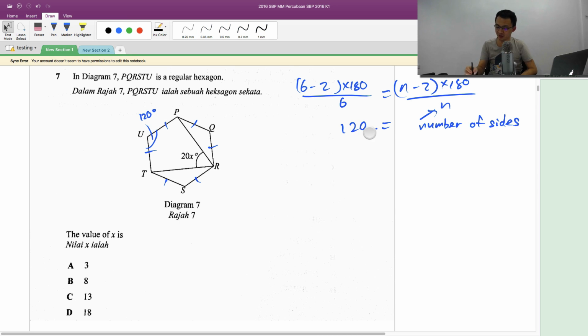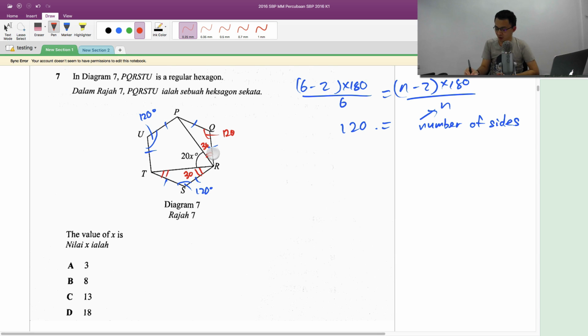Since this is a regular hexagon, all the sides are the same length. So if I write 120 here, then STR is basically an isosceles triangle. That means this angle and this angle will be the same. So I use (180 minus 120) divided by 2, and I get 30. Same here: if this is 120, here will be 30.